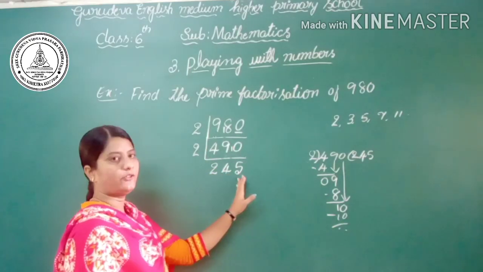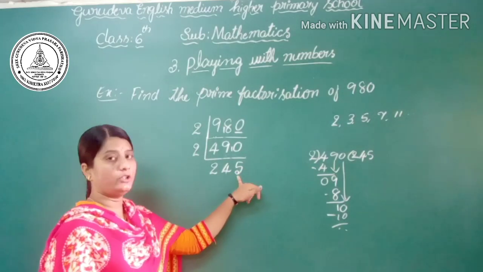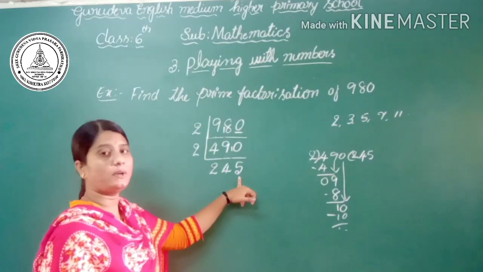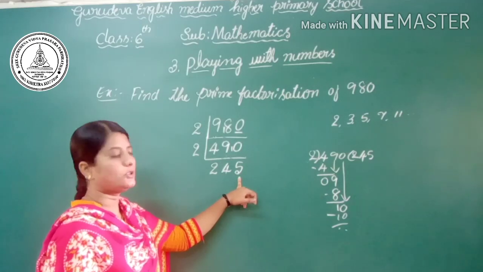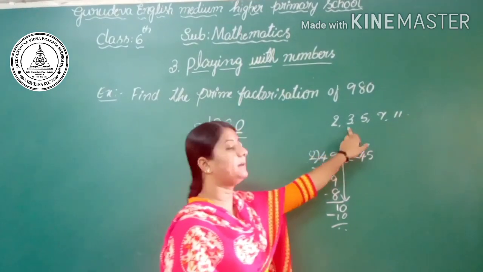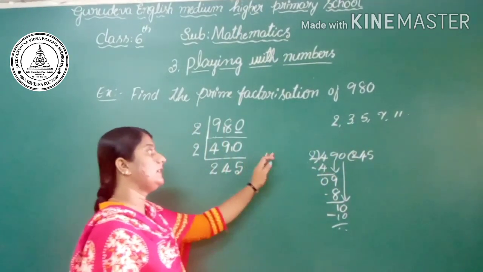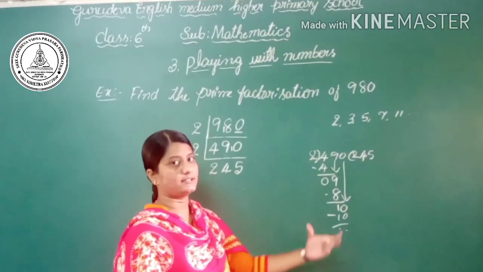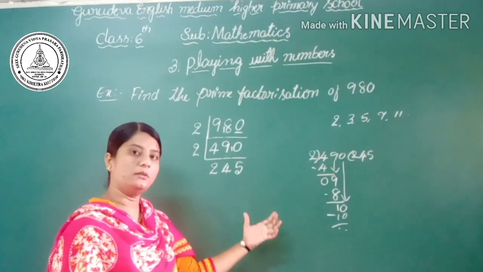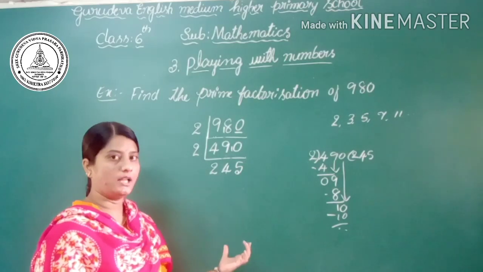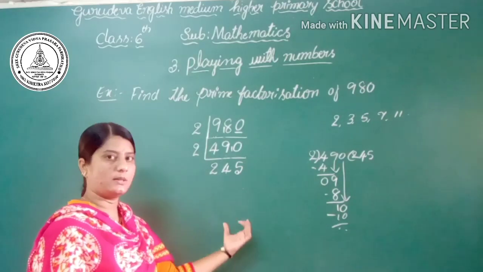Now 245. Here in the unit place there is a 5, so it cannot be divisible by 2. So we have to check the other prime number, that is 3. The divisibility rule of 3 says that if the sum of the digits of a number is a multiple of 3, then it is divisible by 3.